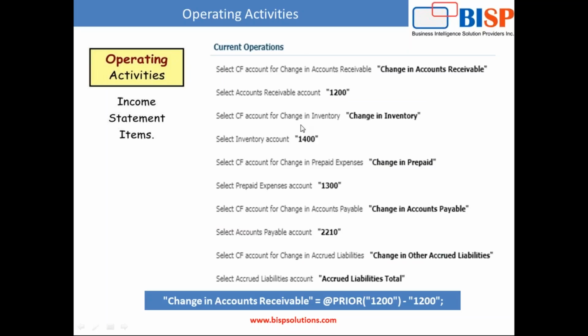Similarly, the change in inventory would be the difference between two consecutive periods of the inventory account. Change in prepaid is the difference between two consecutive periods of the expense account, and so on for current operations.